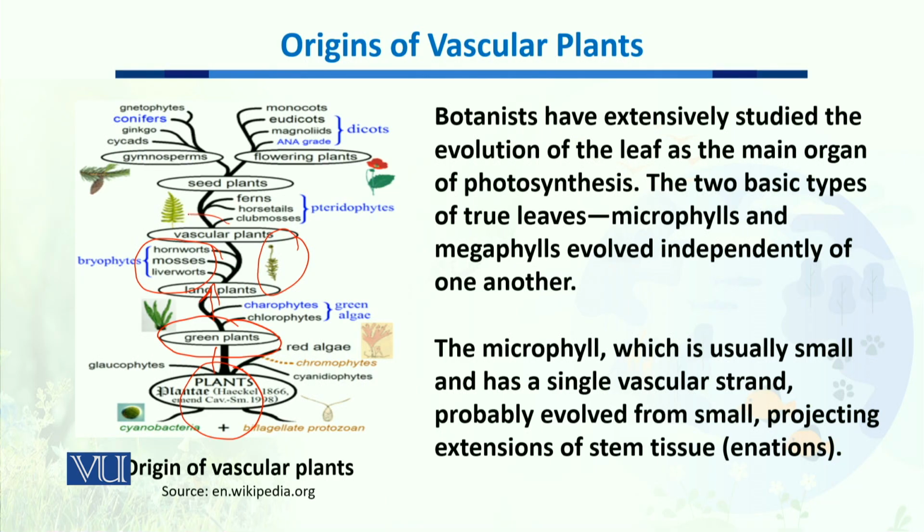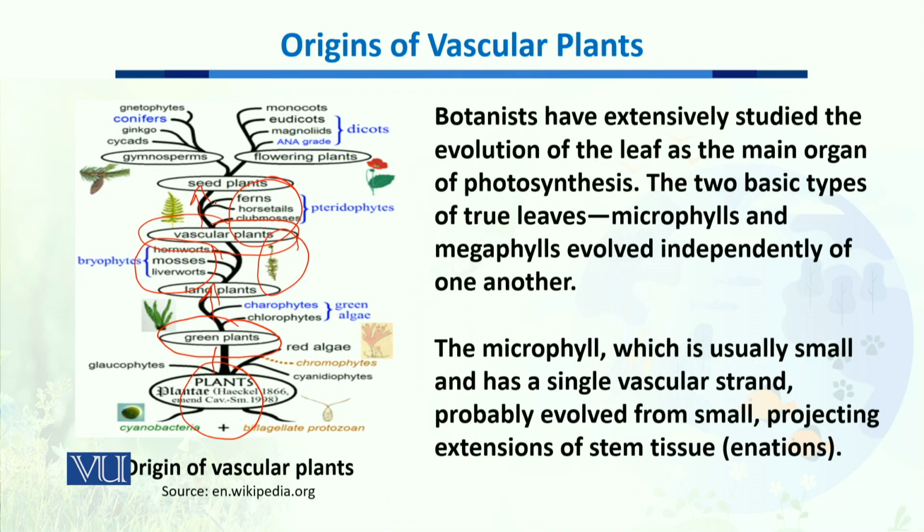Then we can see that only vascular plants remained successful. When we talk about the vascular plants, again there was divergence. Some ferns and horsetails, known as pteridophytes, diverted their lineage, and the most successful among them remained the seed plants.